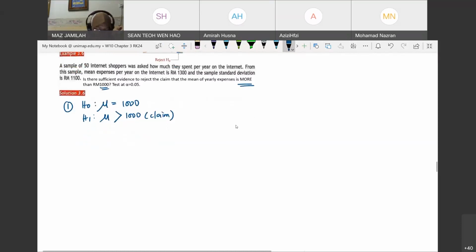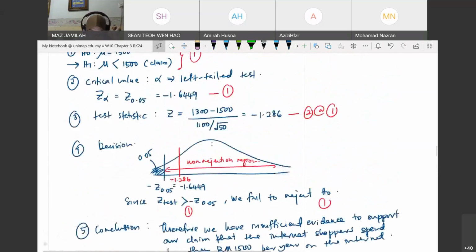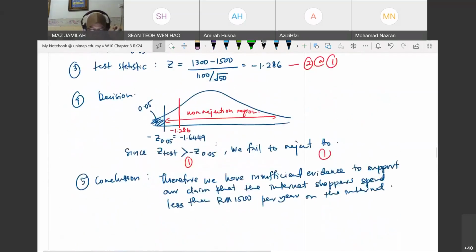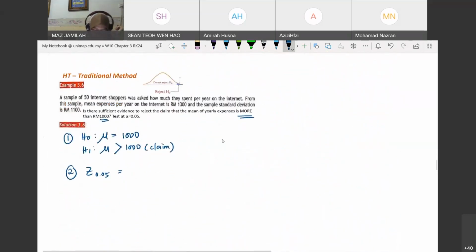So your second step, your Z alpha, since we know our alpha is 0.05, we know it is, what was the value just now? It's 1.6449. Since we are dealing with a right tail test, it will be positive. Now the third one is the test statistic.